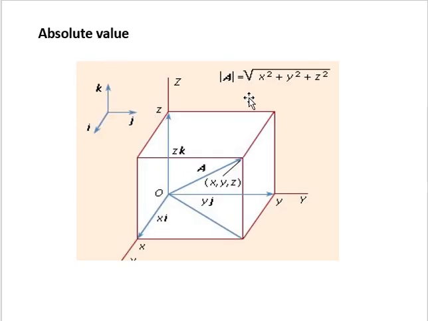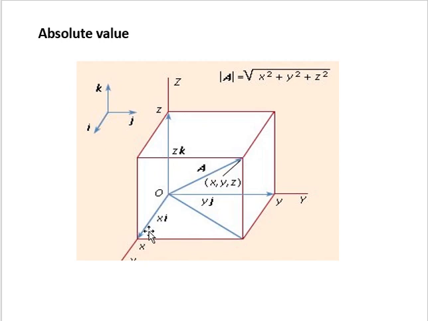Now this is the absolute value of the vector. If I do not consider the direction and only consider the value of the vector, the absolute value will be measured by this. I already told you that any point (x, y, z) can be represented by x i, since in the x direction the unit vector is i.